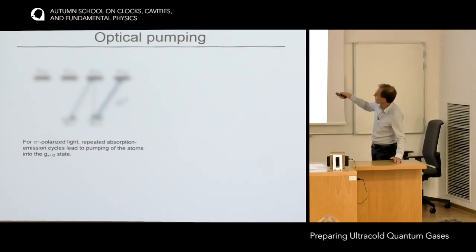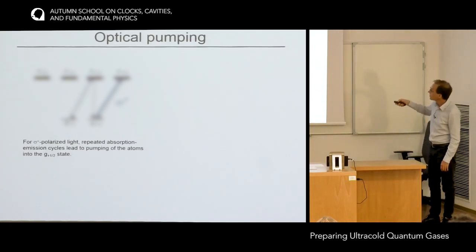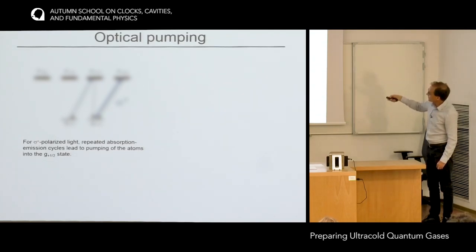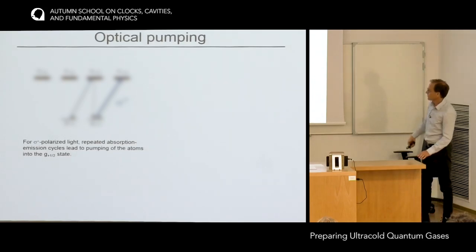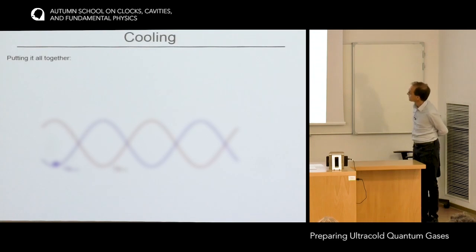If it's in the g plus 1/2 state, it can again absorb a photon, but from this state it can only go to the plus 1/2 state, not to the minus 1/2 state. Which means sigma plus light is always going to pump your atoms into the g plus 1/2 state, and the other way around. And also sigma plus light addresses the g plus 1/2 state more than the g minus 1/2 state. Okay, now the other way around here.